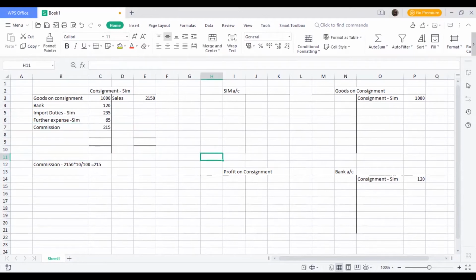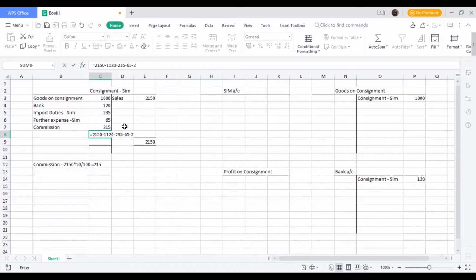Okay, write this down. Now we're going to finalize the sum. What are we going to do? We're just going to find the profit on consignment. When I get this amount 2,150, I'm going to deduct all these expenses: 2,150 minus 120 minus 235 minus 65 minus 215.